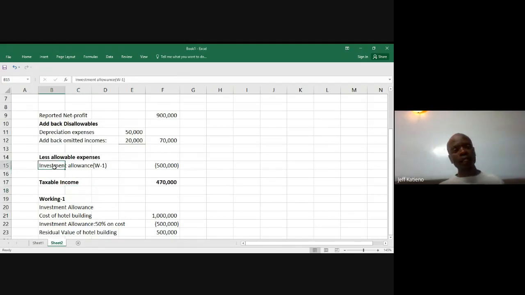You can imagine we were to pay tax on 900,000, but now because of this investment allowance, we are paying tax on only 470,000. So probably our tax will be 30% of 470, which is I think less than 150,000, thereabout. So this is 2020.